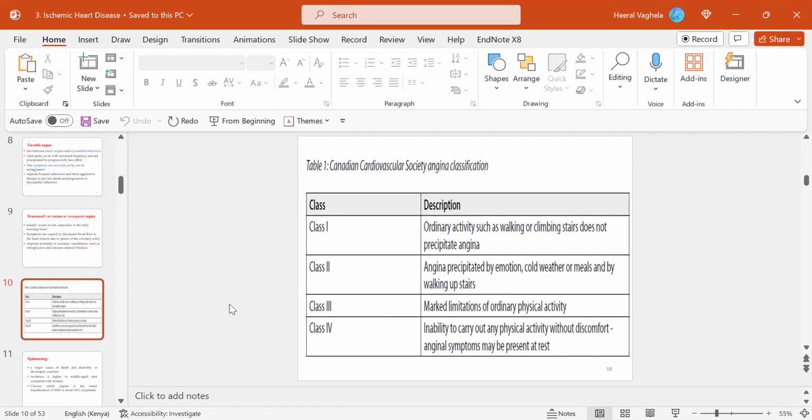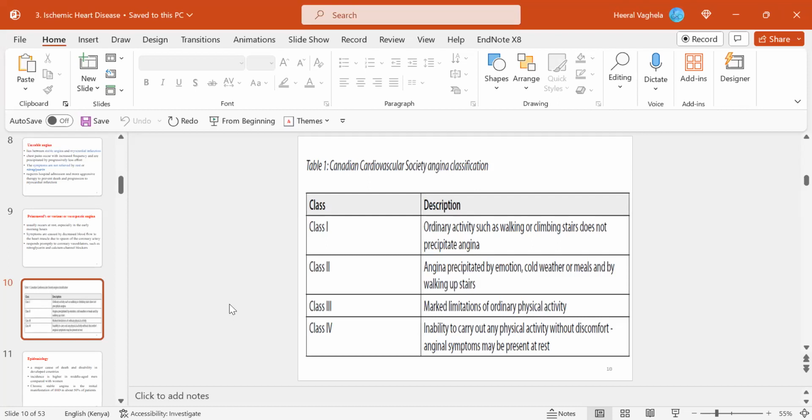It's usually classified into 4 classes. These classes are similar to what we saw previously in heart failure. In class 1, walking or climbing the stairs does not give you any symptoms.